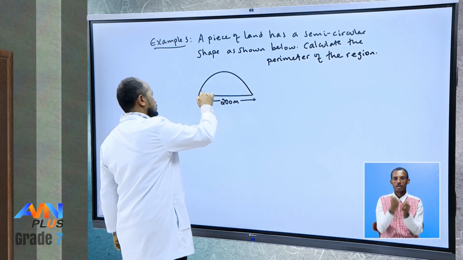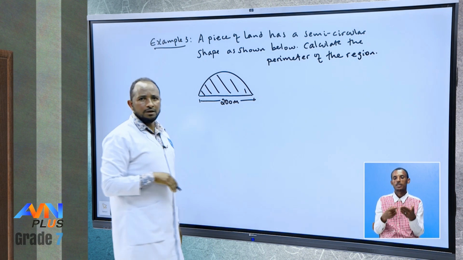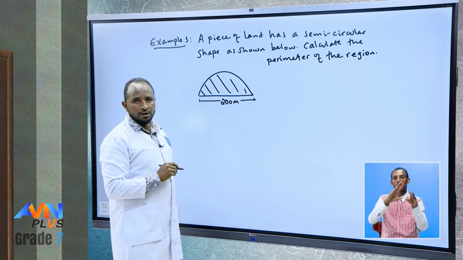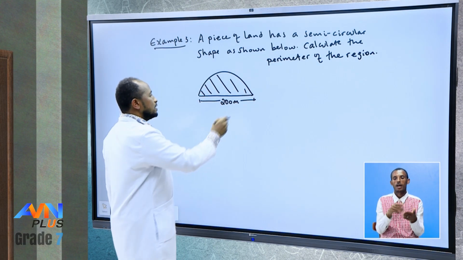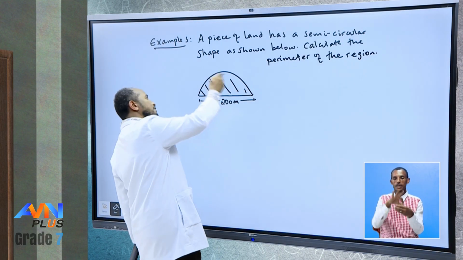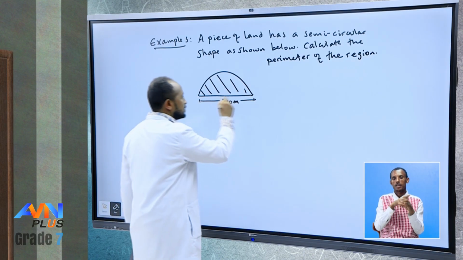Here we are asked to find the perimeter of this region. Perimeter means the total path length around the given region. Here, as you can see, you have a semicircle. It's half of a circumference, and again you have this length.